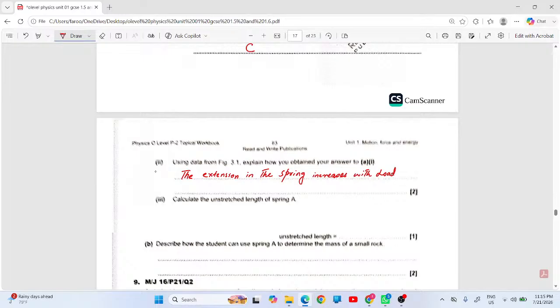Good. Value same, higher load. Calculate the unstretched length.